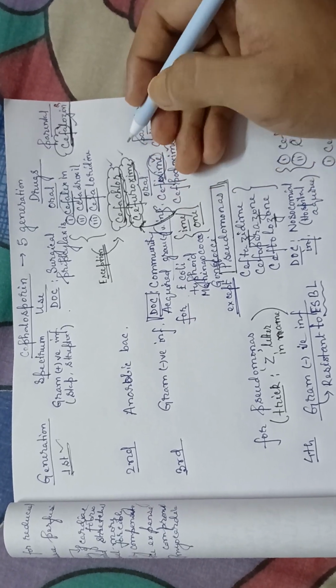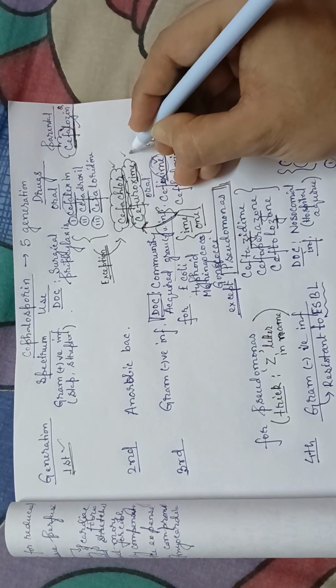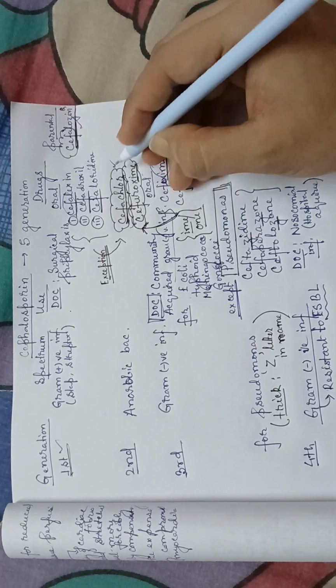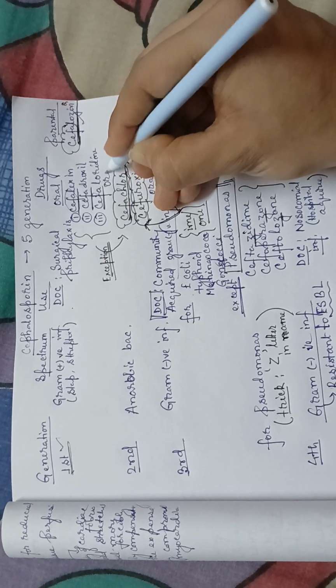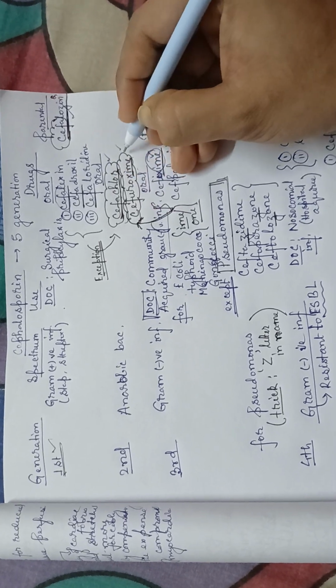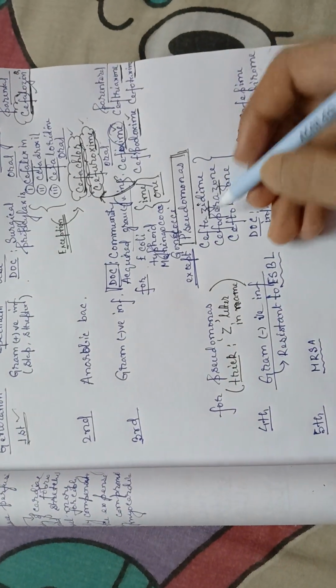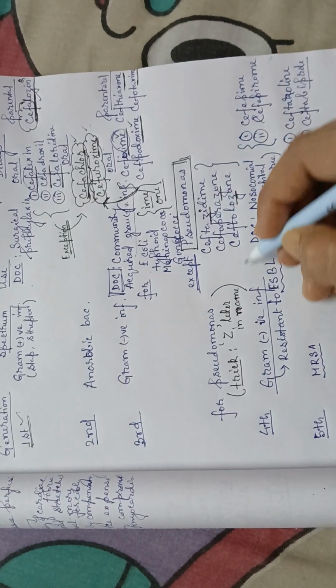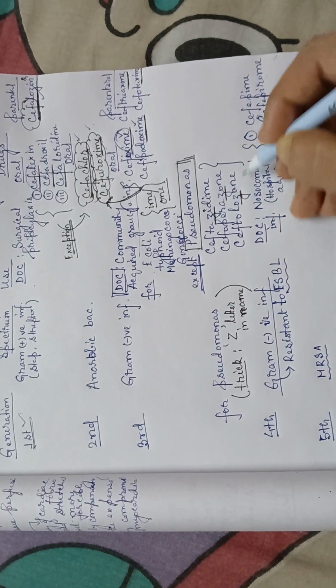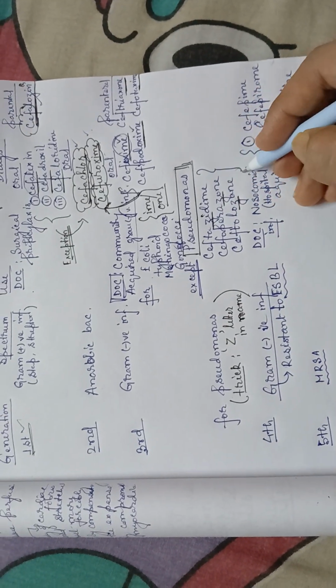Here we can also remember that cefuroxime axetil is the prodrug form which is given orally, and cefuroxime, the active drug form, is given parenterally. Now for Pseudomonas, ceftazidime, cefoperazone and ceftolozane are given.